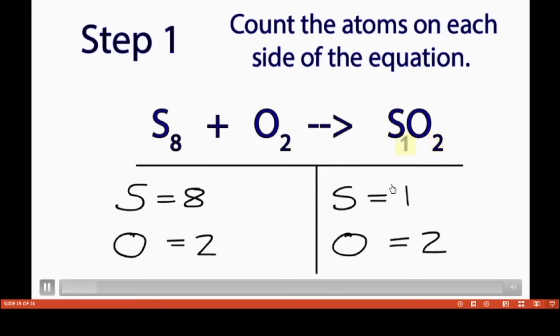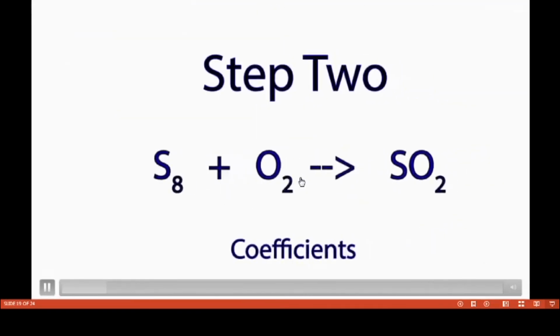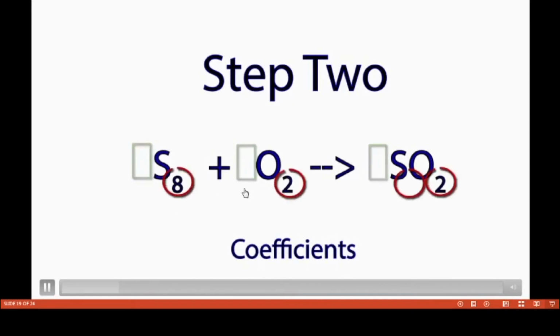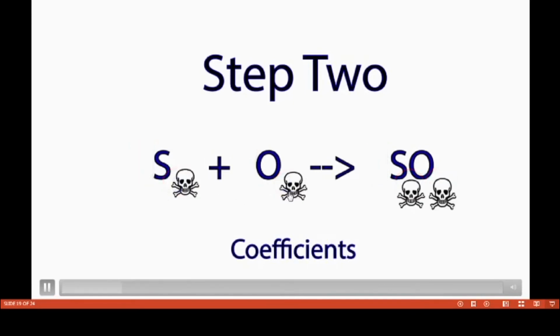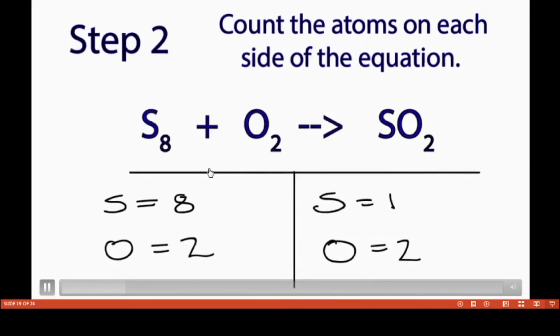So sulfur is 1 here and 8 there, so it is not balanced. See step 2: use the coefficients to balance. So here you see the coefficients.